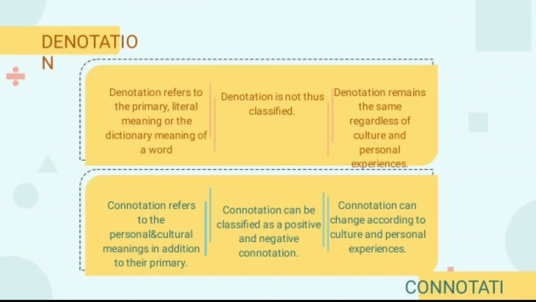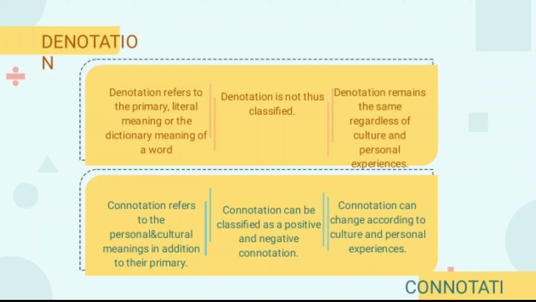Then we continue about types of meaning: denotation and connotation. Denotation refers to the primary literal meaning or the dictionary meaning of a word. Then connotation refers to the personal and cultural meanings in addition to the primary meaning.